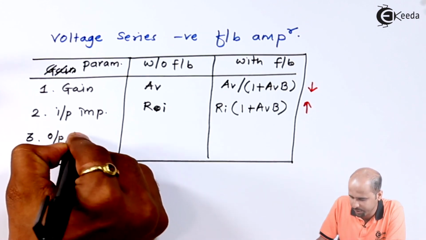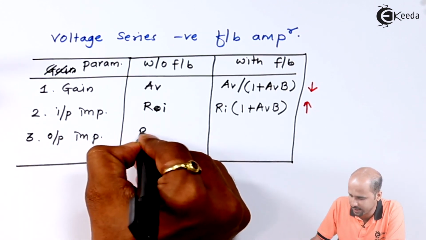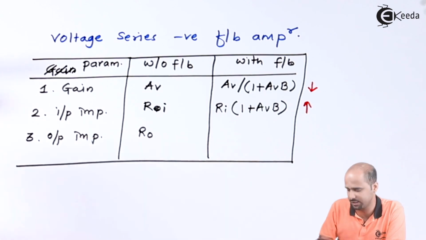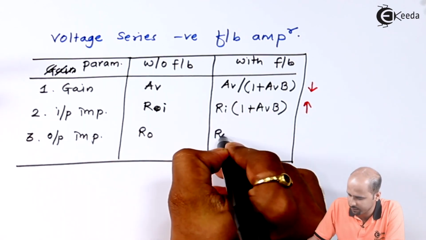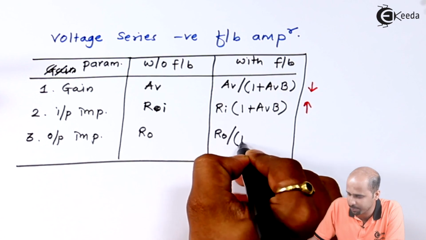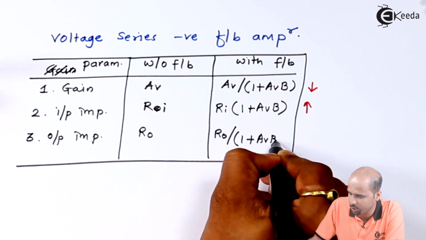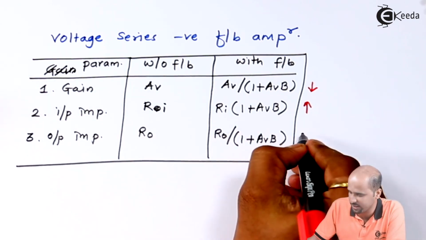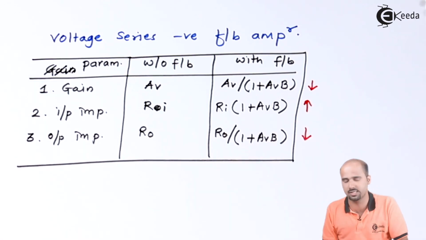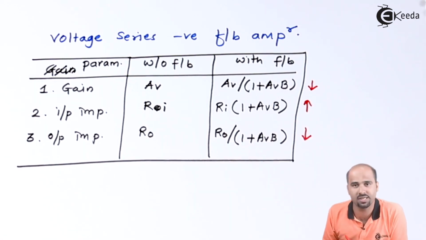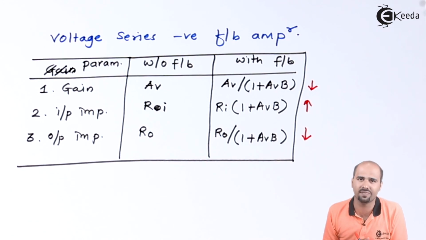Without feedback it's nothing but RO, and with feedback we have got RO divided by 1 plus AV into B. So as far as voltage series negative feedback is considered, your input impedance increases, output impedance decreases, and your gain decreases with feedback.